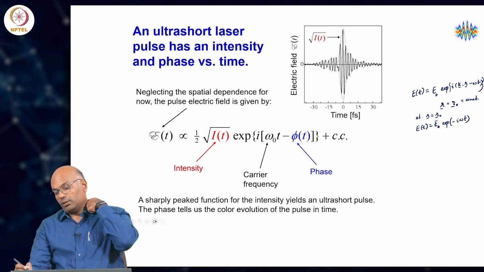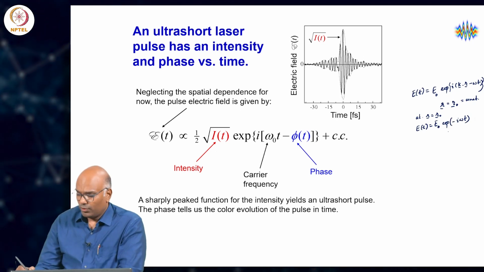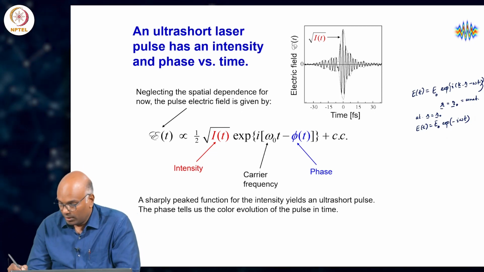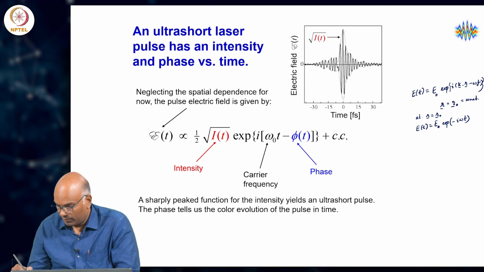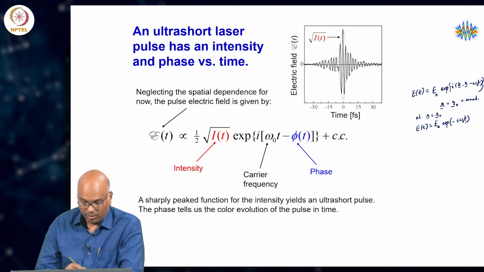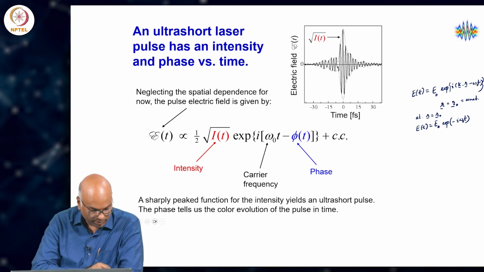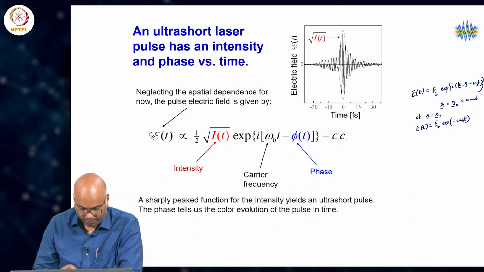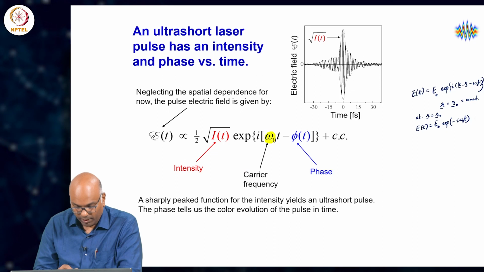It is like that. Okay, so we are fixing our attention to one point. By the way, to keep the notation consistent, we are using a subscript 0, or naught, to denote the carrier frequency, which is omega naught.